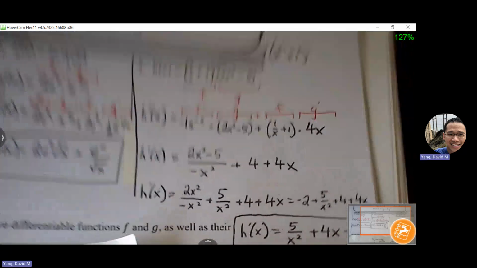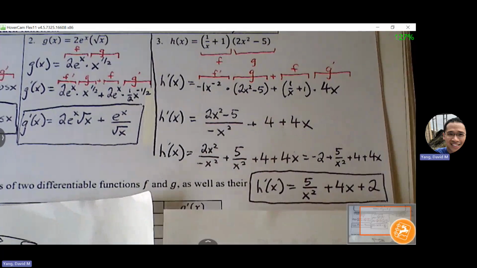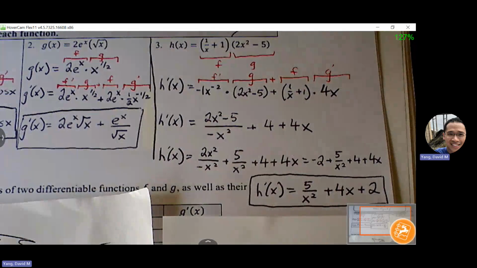Just want to show you how far we could go in terms of cleanup here. I am going to distribute the variables through the parentheses, and I'm able to separate into individual terms. I think this is good practice for us.